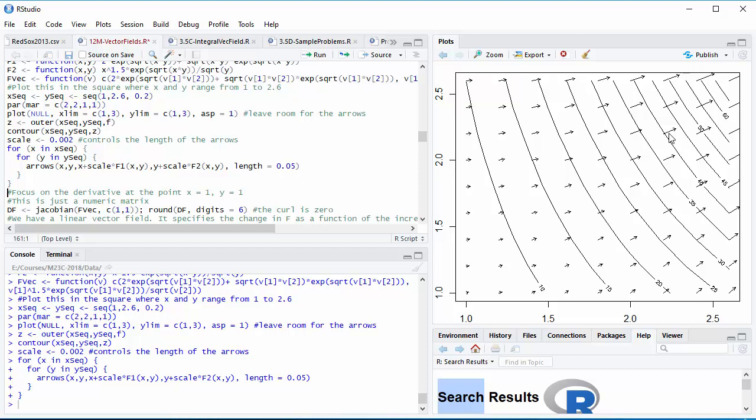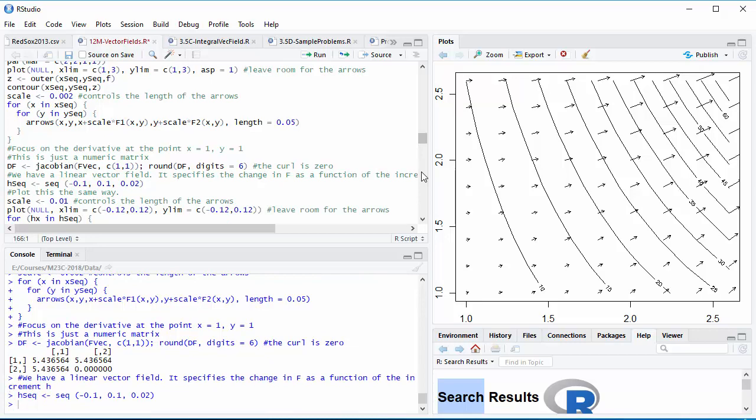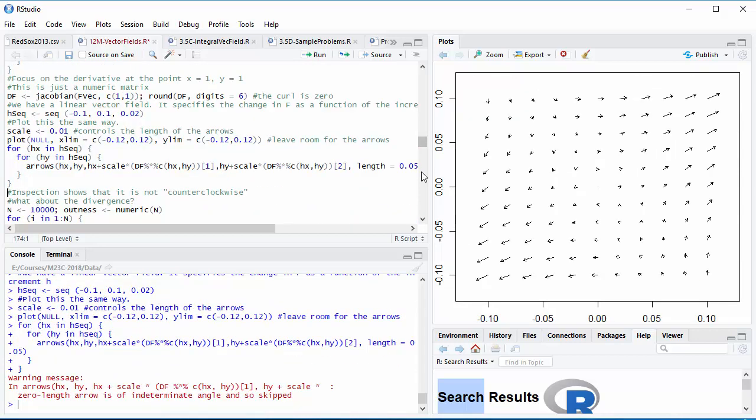Now let's focus on the derivative at the point x equals 1, y equals 1. I can use my Jacobian function to get that. And now I can plot the small change in f that results from a small increment.